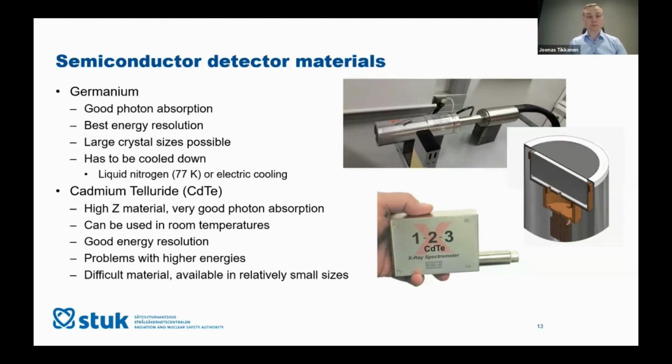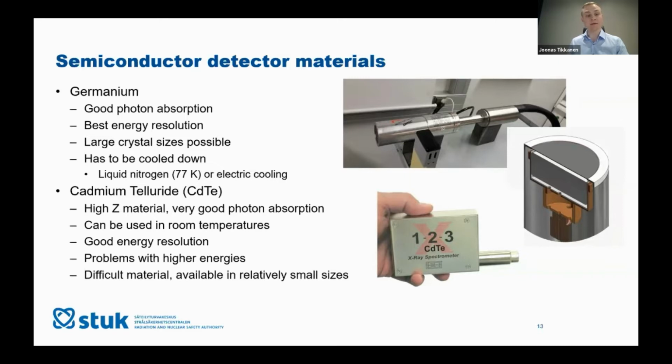But another option, I'm talking today mostly from the germanium point of view, so to speak, but another semiconductor material that you can use is cadmium telluride, which has a very high atomic number, which means it has very good photon absorption. And it can be used at room temperature, or you can cool it down slightly.